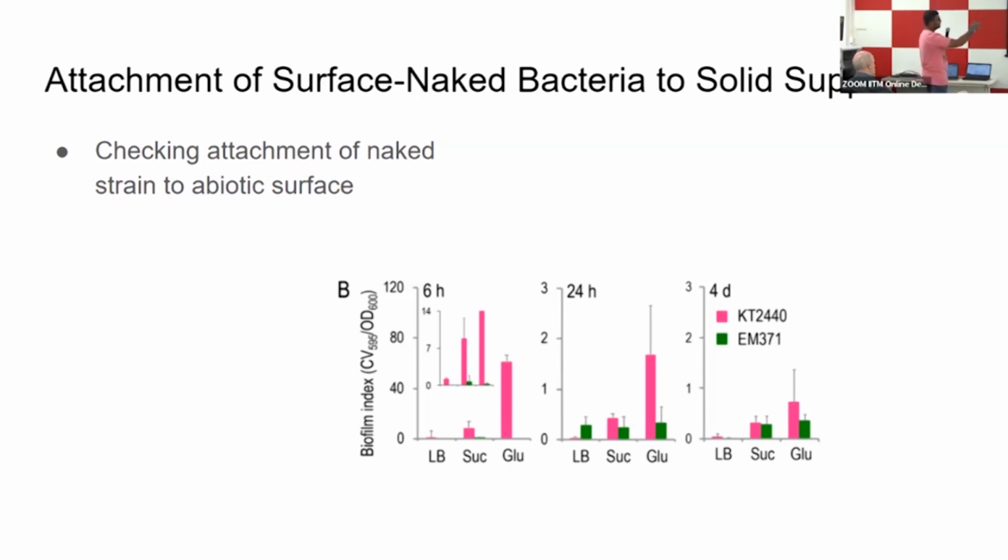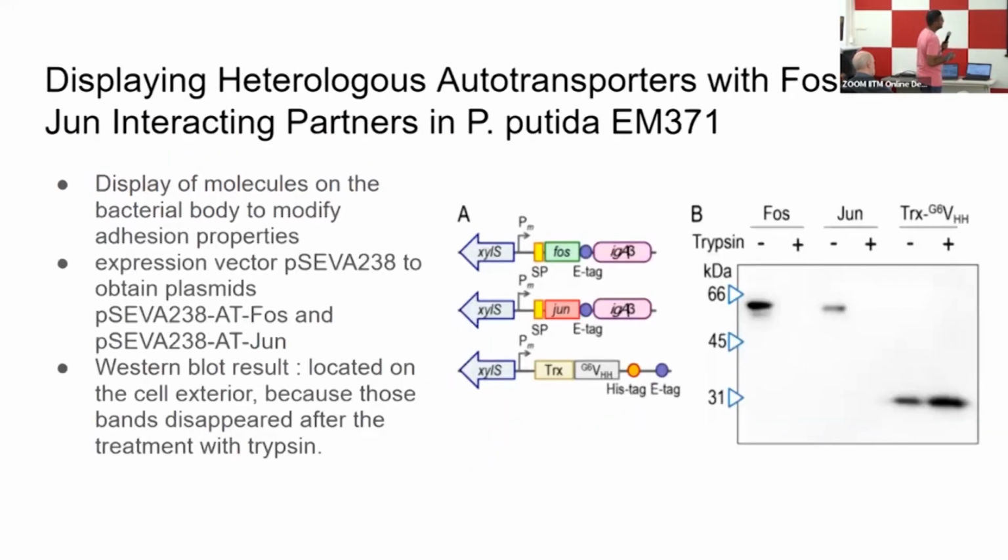Here again, two strains are compared, and we can see that the biofilm formation capability is more for the parental strain as compared to the modified strain, with respect to growth medium or even time interval. The parental strain is showing more biofilm forming capabilities.